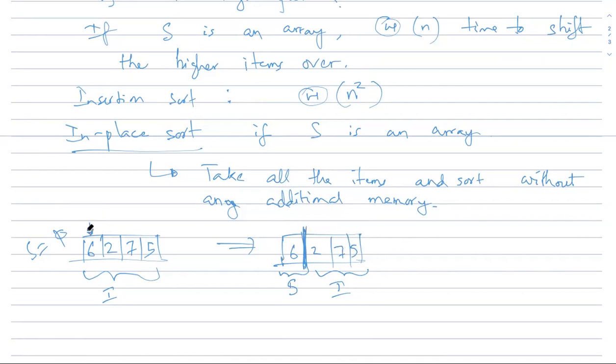So this was the first element. We wanted to insert 6 in the sorted order, and because that's the first element, it can trivially just be the first position.